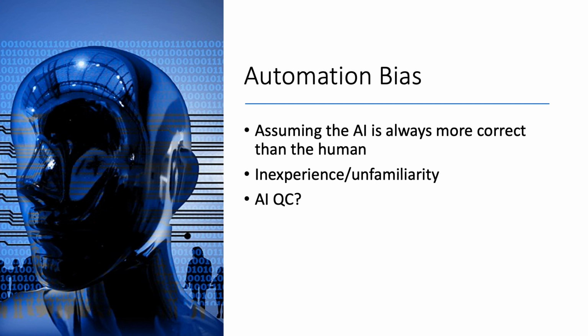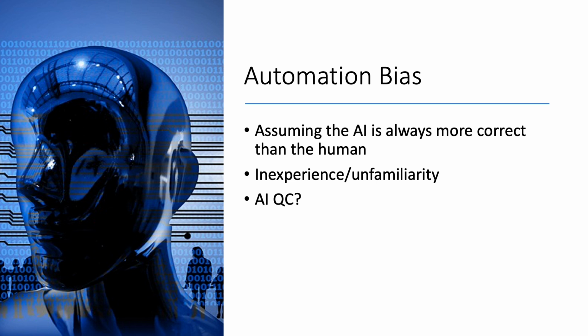Then there's an important thing to always think about as we talk about new technology, any new technology, but particularly AI, and bringing it into the clinical workflow and having it produce results that may not always agree with the human interpreter. And this brings up the concept of automation bias. So assuming that the AI is always more correct than the human.